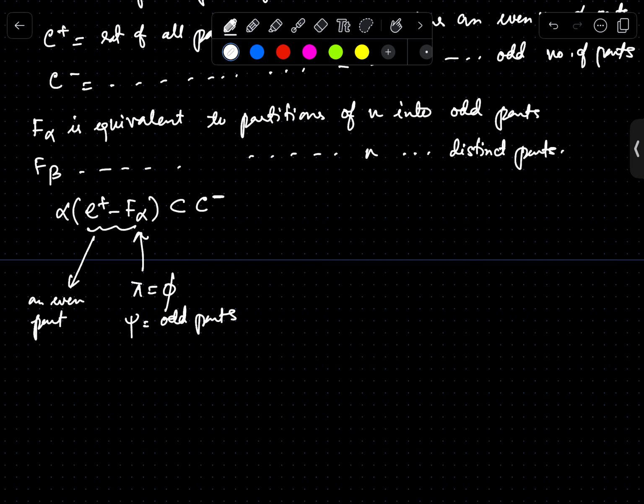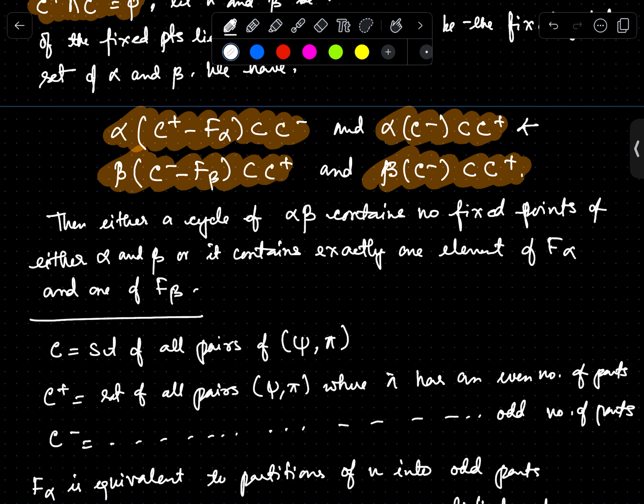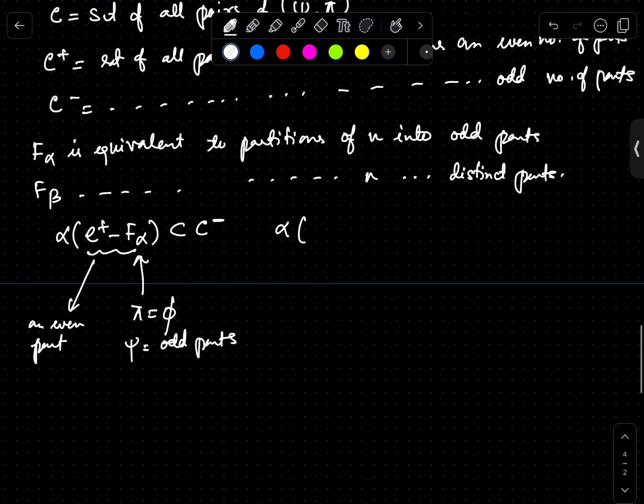Because C plus contains all pairs where pi has an even number of parts, and if you're changing the number of parts, either plus 1 or minus 1, then it should be an odd number of parts. So this is clearly going to lie in C minus. And the other case is pretty easy. Alpha applied to C minus should be in C plus, and this is clear, right?